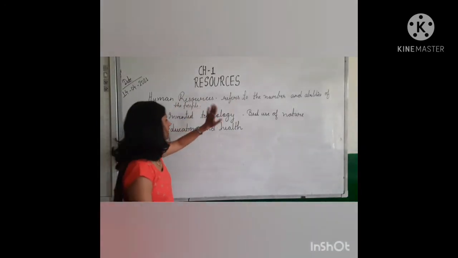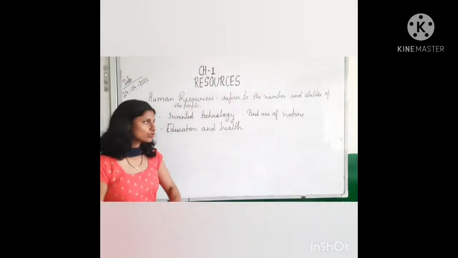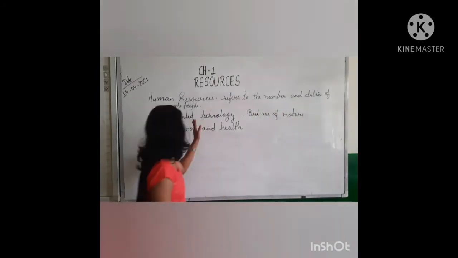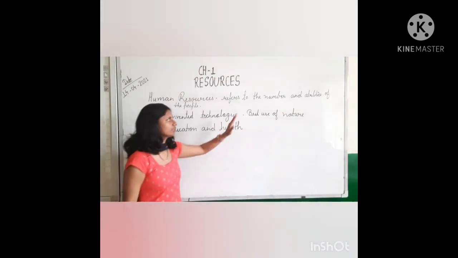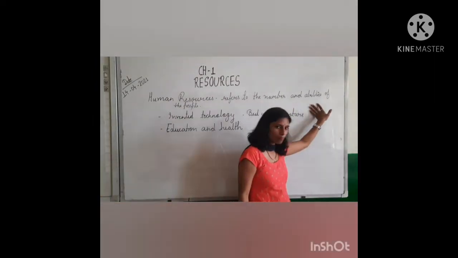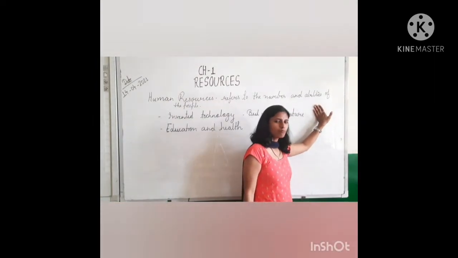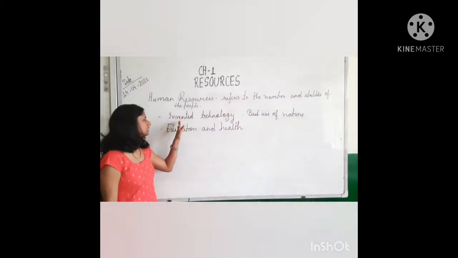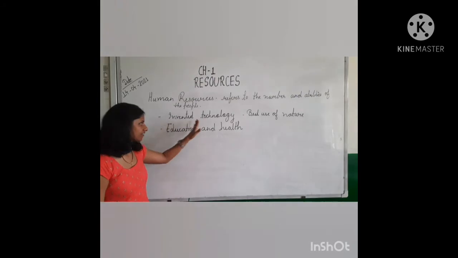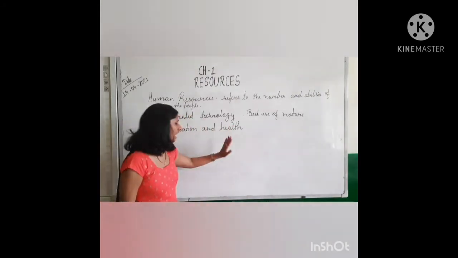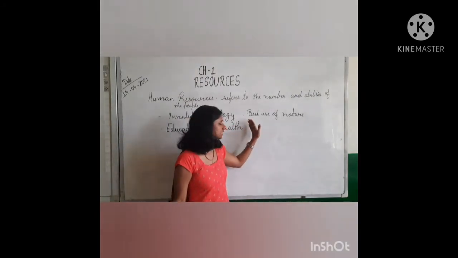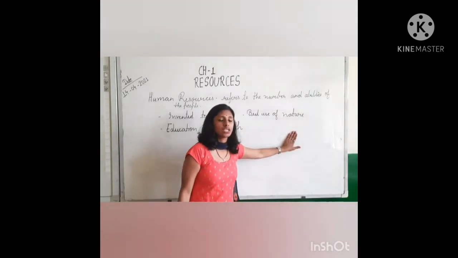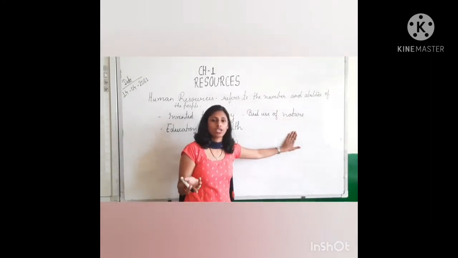So we can see these factors vary from place to place. Human resources. Human resources are the resources that refer to the number and abilities of the people. Number refers to quantity and the abilities refer to mental or physical health of the people. People, that is the humans, invented the technology, and it is humans that can use nature in the best way.